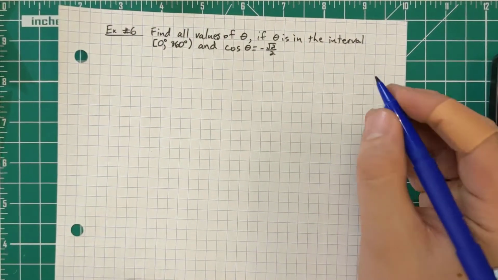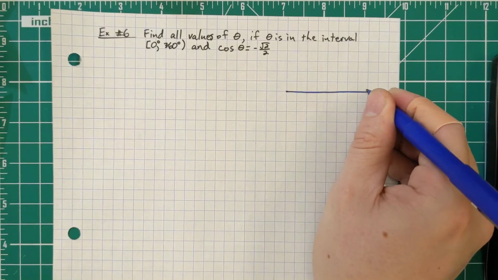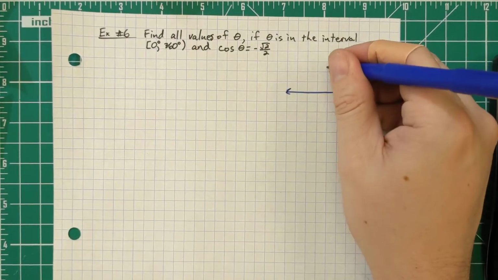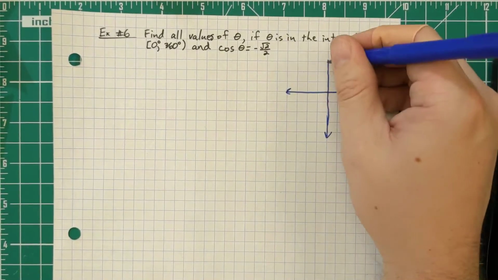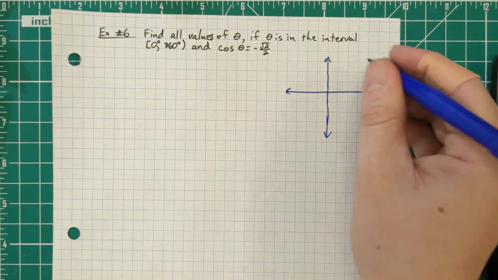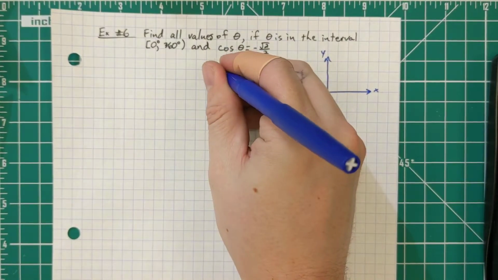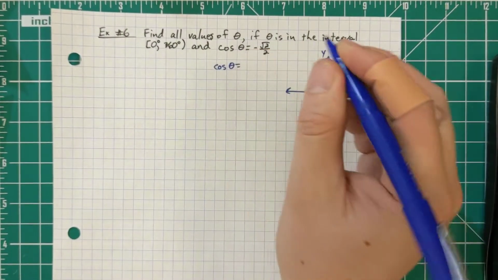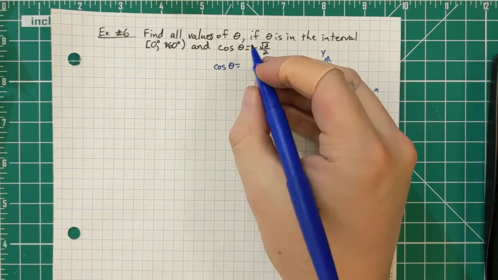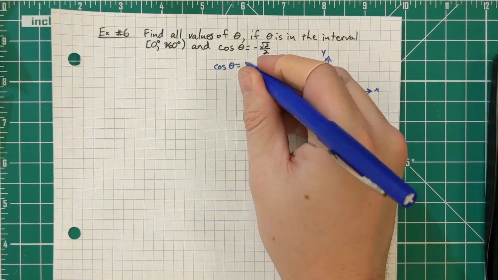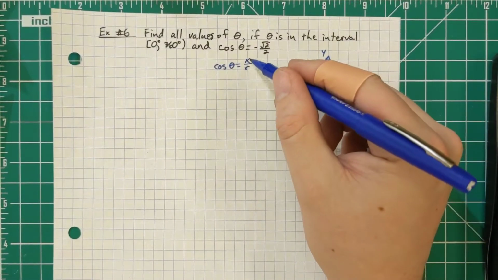So this has to be negative. Let's just think about in what cases our cosine will be negative. So x, y. Remember, if we're using cosine of theta, it's x over r.